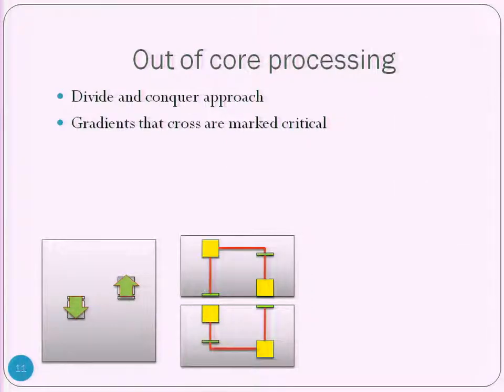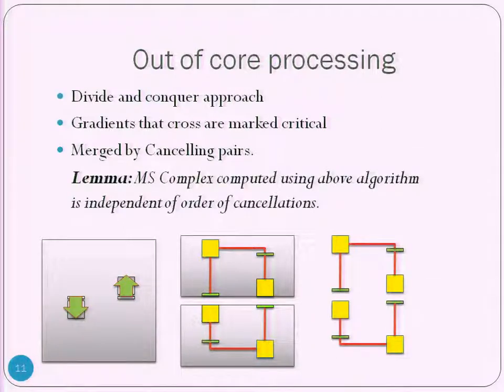We compute the Morse-Smale complex of these subdivided datasets. These can then be put together by the process of topological simplification, which gives us the unified Morse-Smale complex. What we prove is that we get not only the correct Morse-Smale complex of the unified domain, but also that we can carry out these simplifications in any order and we'll still get the same result.